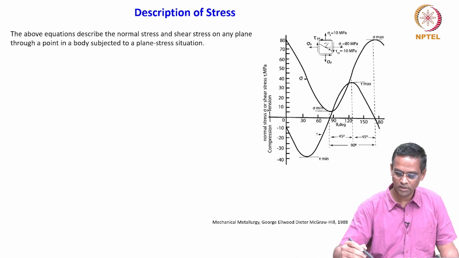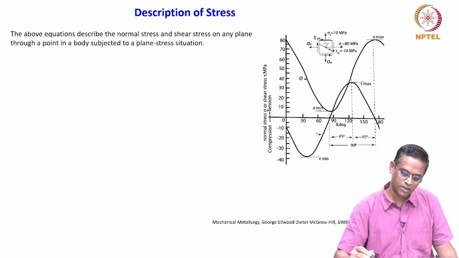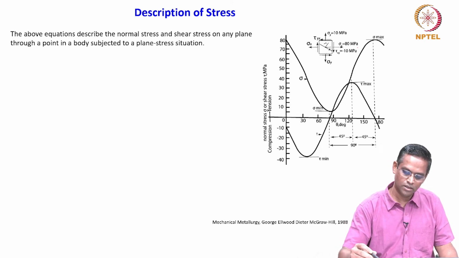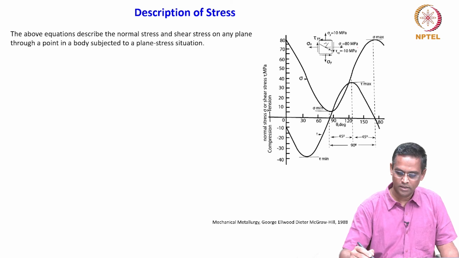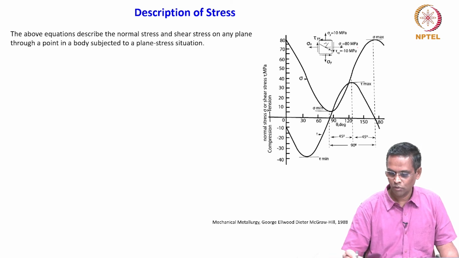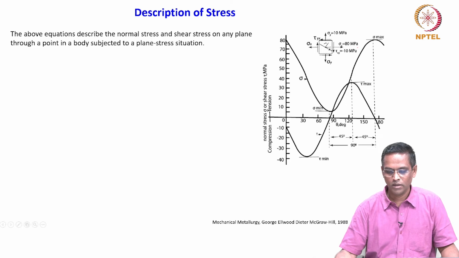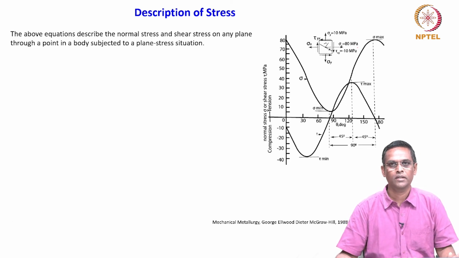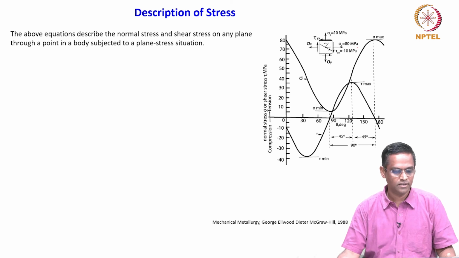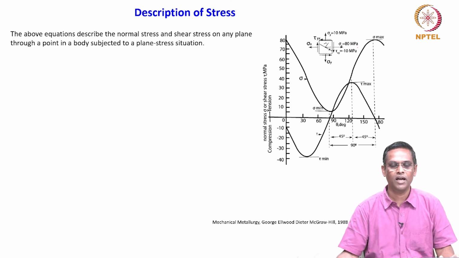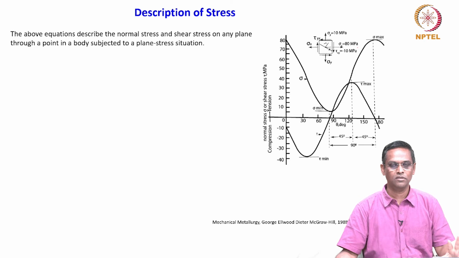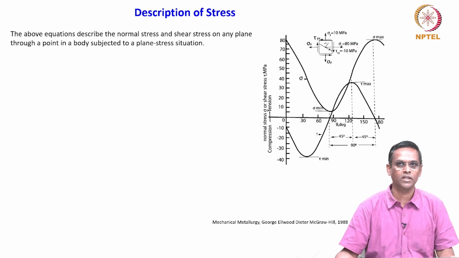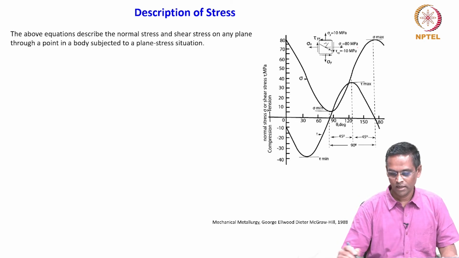It is plotted on this graph, normal stress or shear stress tau versus the orientation. All that we have looked at is how stress in 2D is affected by theta, that is, orientation or transformation, whatever we call it. So this gives a clear demonstration of how it looks.